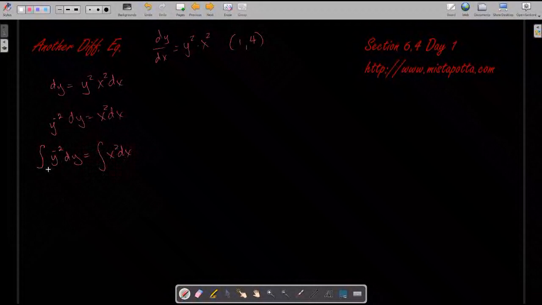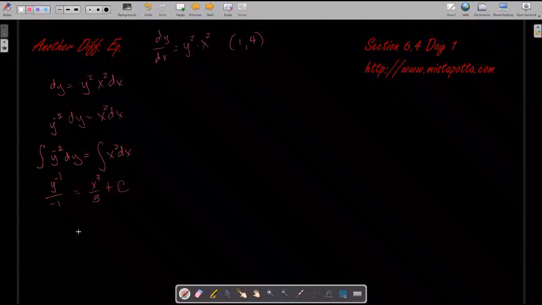And so in doing that, I'm going to have to use the power rule for each of these polynomials. I'm going to end up with y to the negative 1 divided by negative 1 equals the antiderivative of this, which would be x cubed over 3. And I'm not going to put c1 and c2. I'm going to leap immediately to my step 3, where I put my constant on the independent variable side.